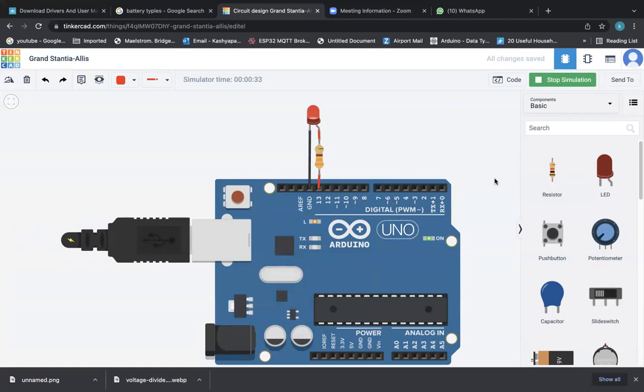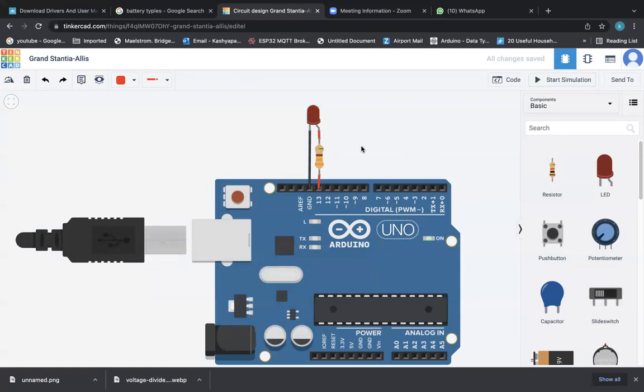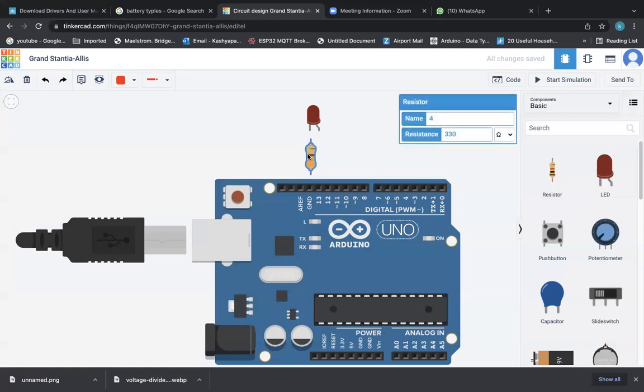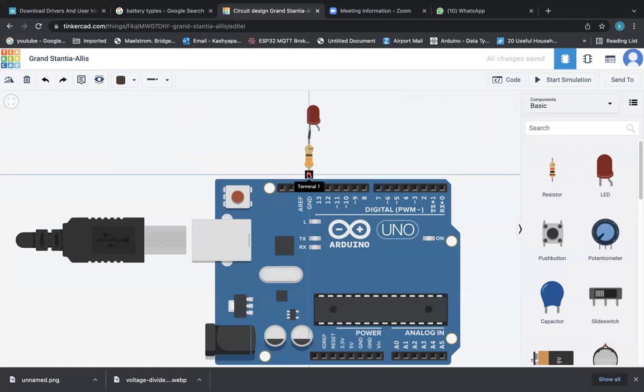Yes, sir. And let me show you another small thing. Instead of connecting the resistor to the positive side, what happens if I connect the resistor to the negative side? What do you think? Will it work or will it not work?